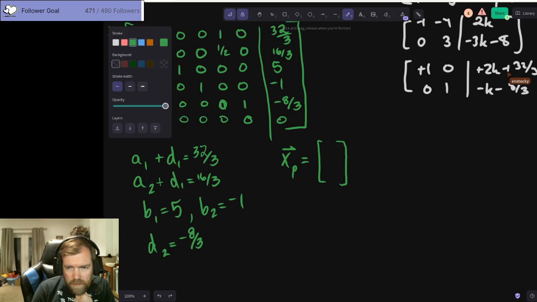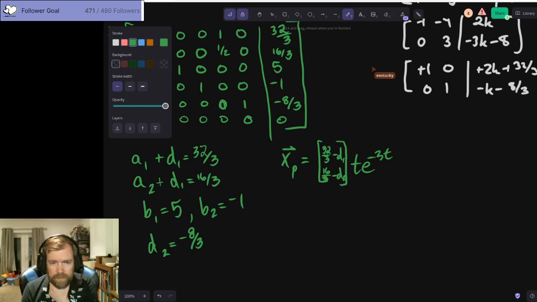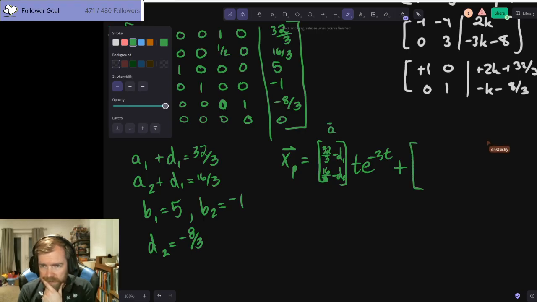So this is going to be 32/3 minus d1 and 16/3 minus d2. By rearranging stuff, also going to want to put the d vector next to this one, just so that we can see exactly what's going on with it.